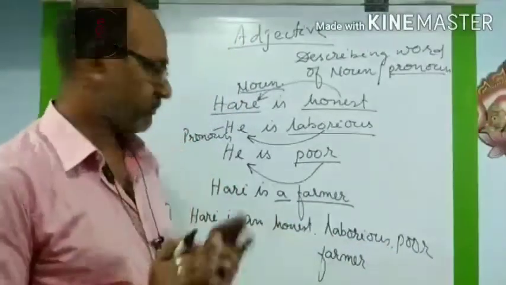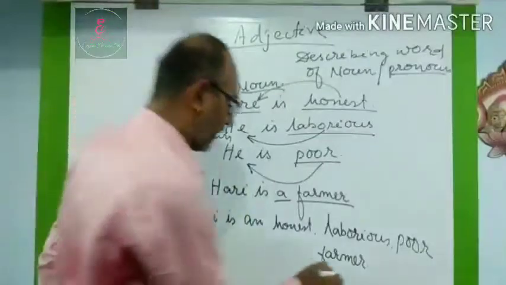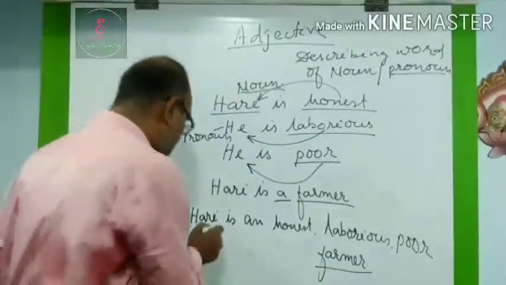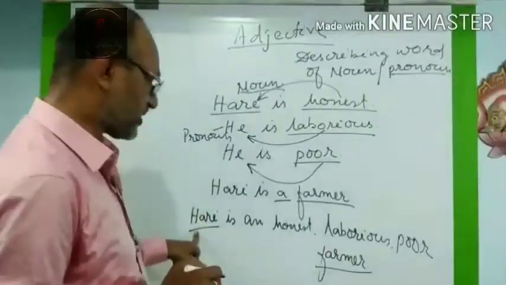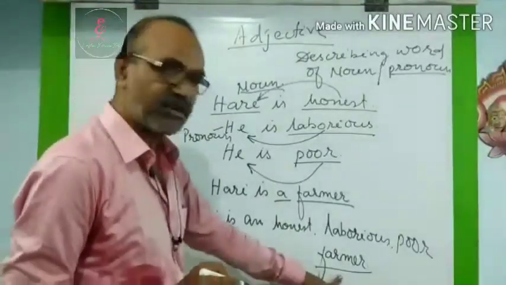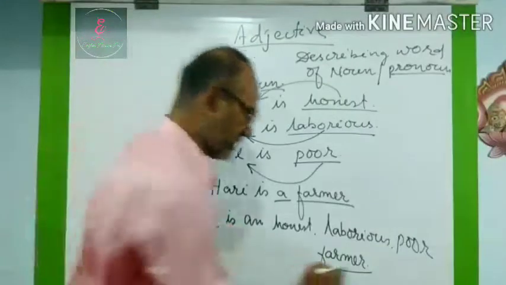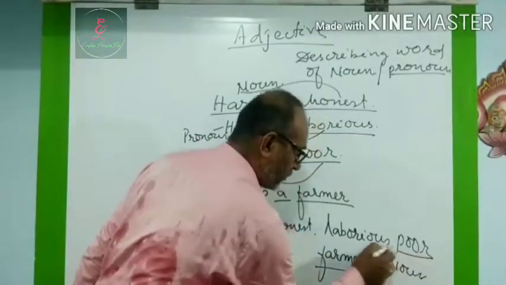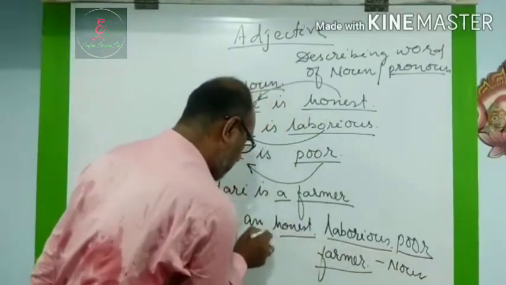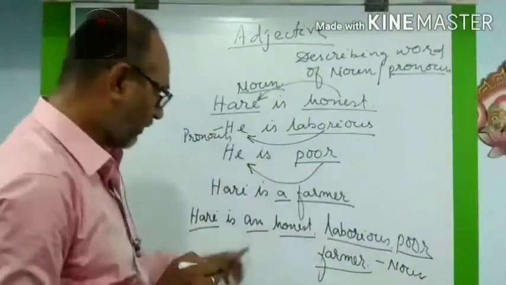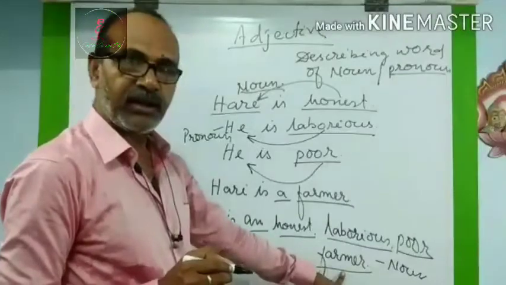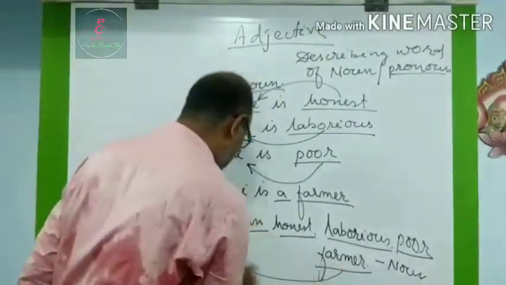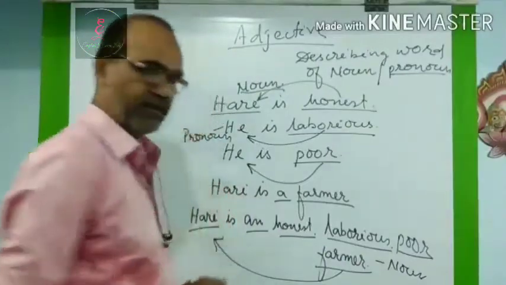So now, the thing is, Hari is the noun, which is the subject, and farmer is the object, yes, which is a noun. And all these, poor, laborious, honest, are directly related to farmer, and farmer is related to Hari.